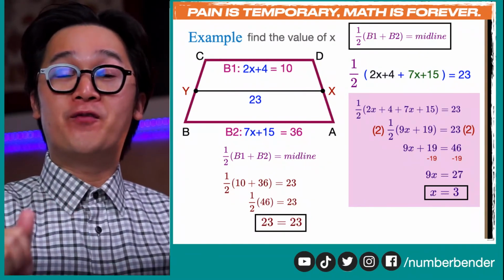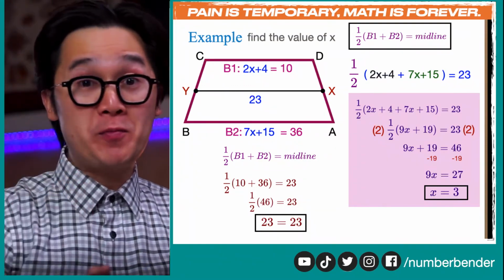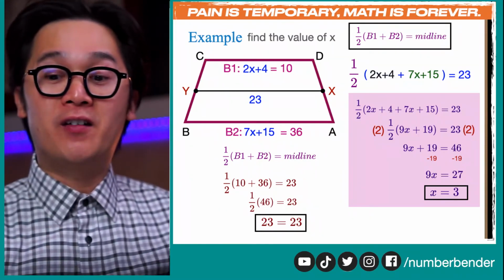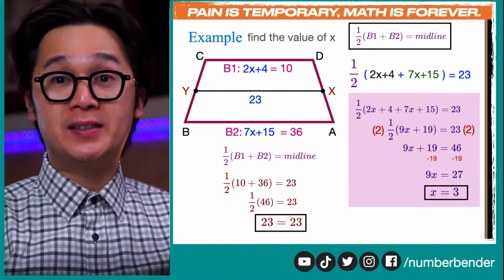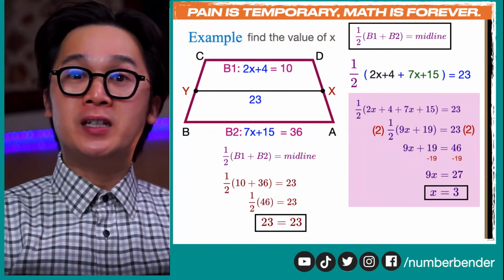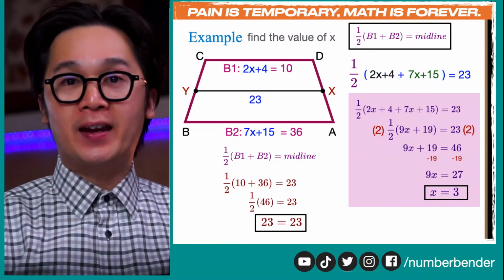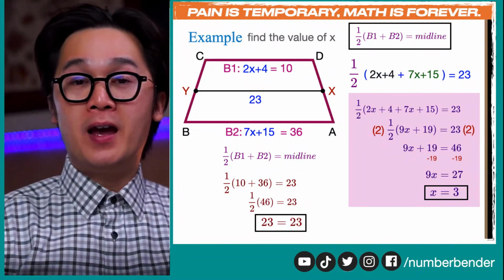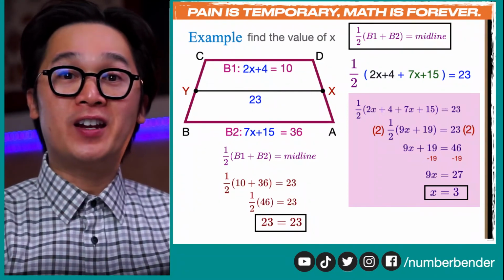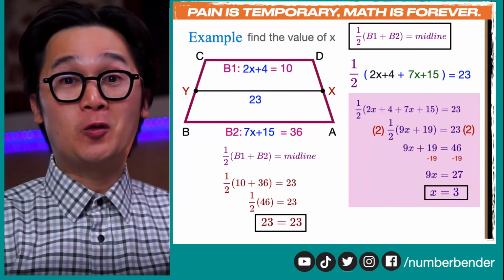Therefore, the formula that we have just formulated from the definition of our median and the midline or mid-segment theorem, we can use it in any trapezoid and median in a geometry problem that you are going to be working on in your homework or in your quizzes.